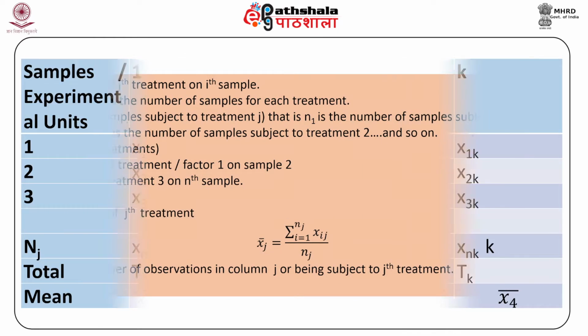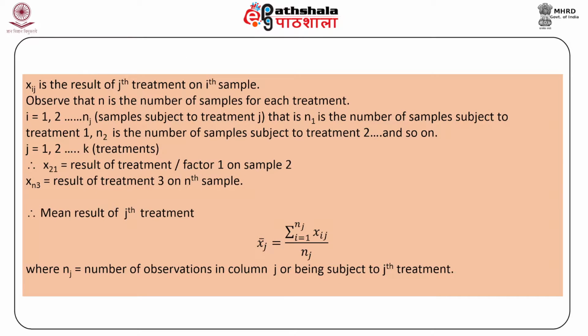Now xij is the result of the jth treatment on the ith sample. Please observe that n is the number of samples for each treatment, and i is equal to 1 to nj, which are the samples subject to treatment j.